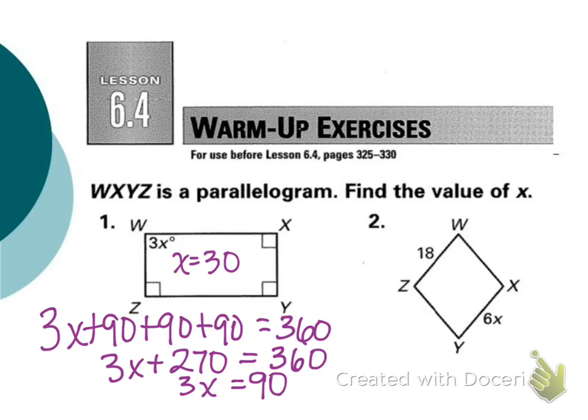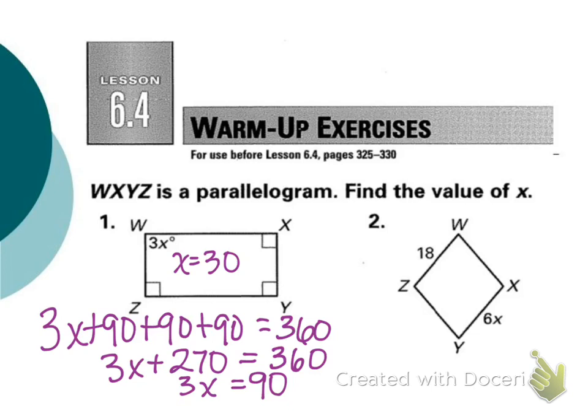On number 1, we could have used a different property that would have made it go a little faster. What do we know about opposite angles inside of a parallelogram? They're congruent.